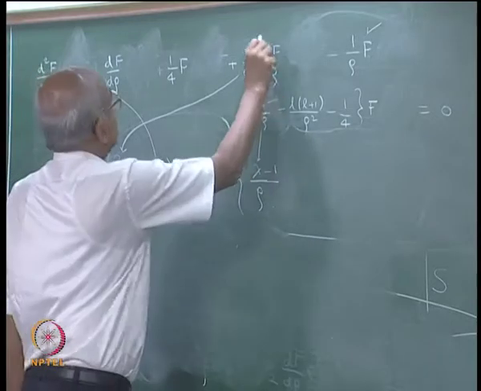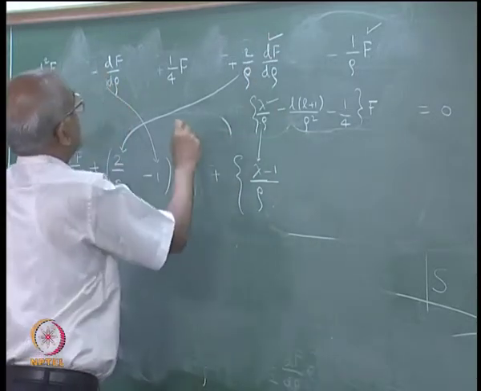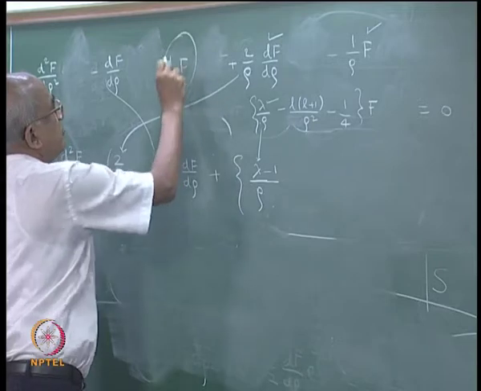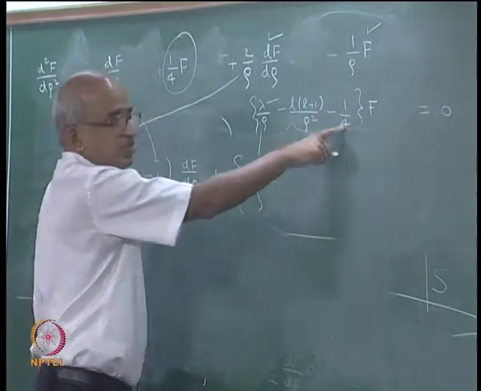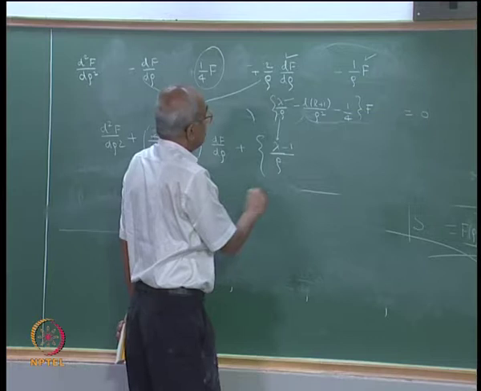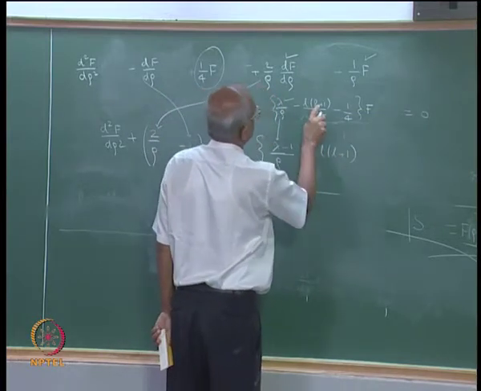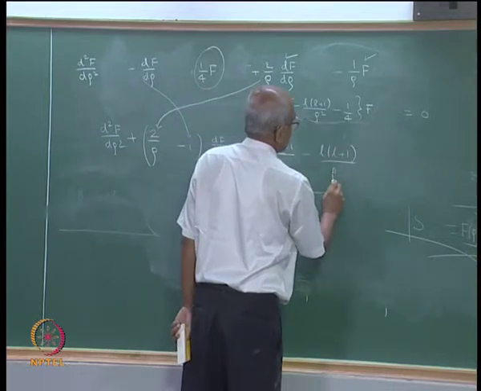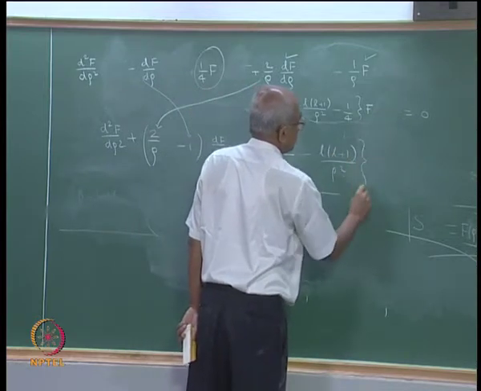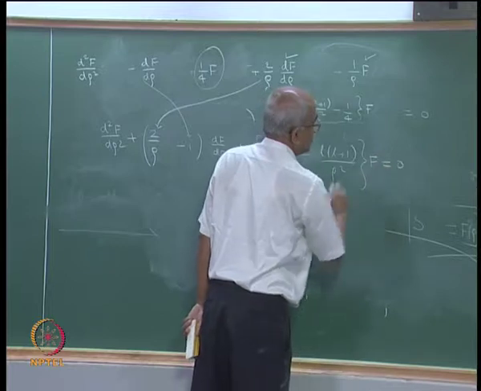This I have accounted for, this one I have accounted for. There is a plus 1 by 4 and a minus 1 by 4. So, naturally those will cancel, and I will be left with minus L into L plus 1, which is this term, divided by rho square into f is equal to 0.